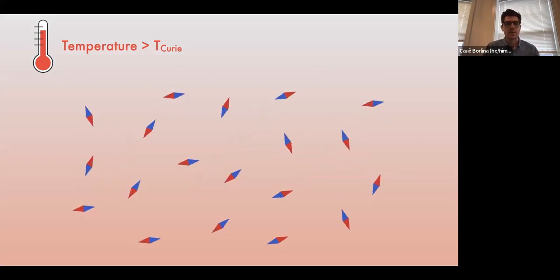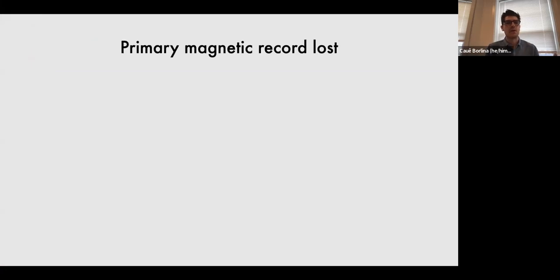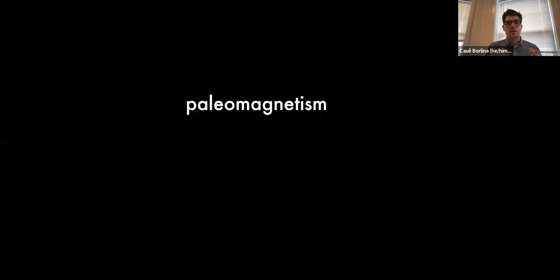The compass needles have enough energy, so they're just random now. If you were to cool down, your original magnetic record will be lost. And if you were to have a different magnetic field that came later on, you would have the record from that second heating event. So these are the bases of paleomagnetism.